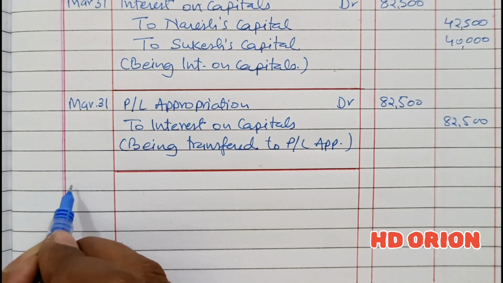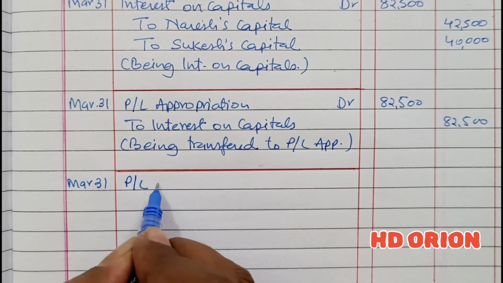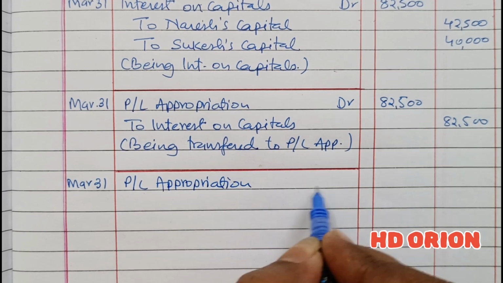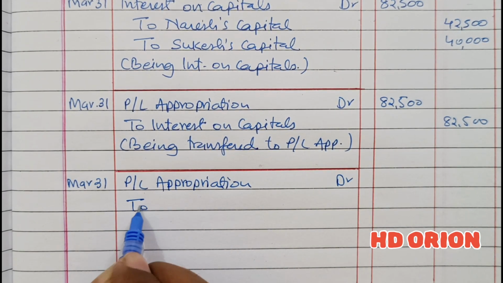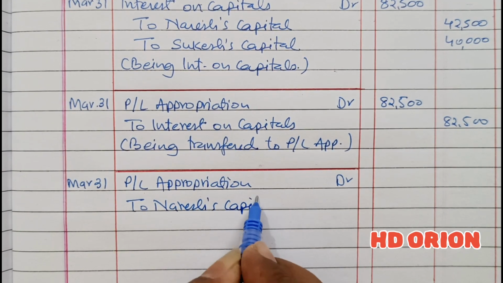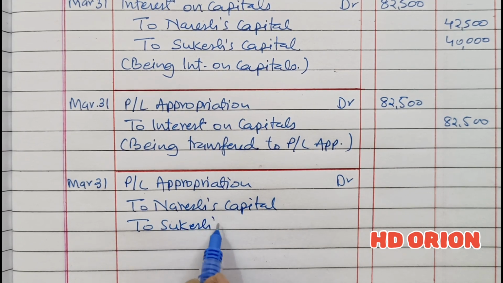Now the remaining profit, that is divisible profit, we will give to partners. Profit and loss appropriation account debited to Naresh capital account and to Sukesh capital account.